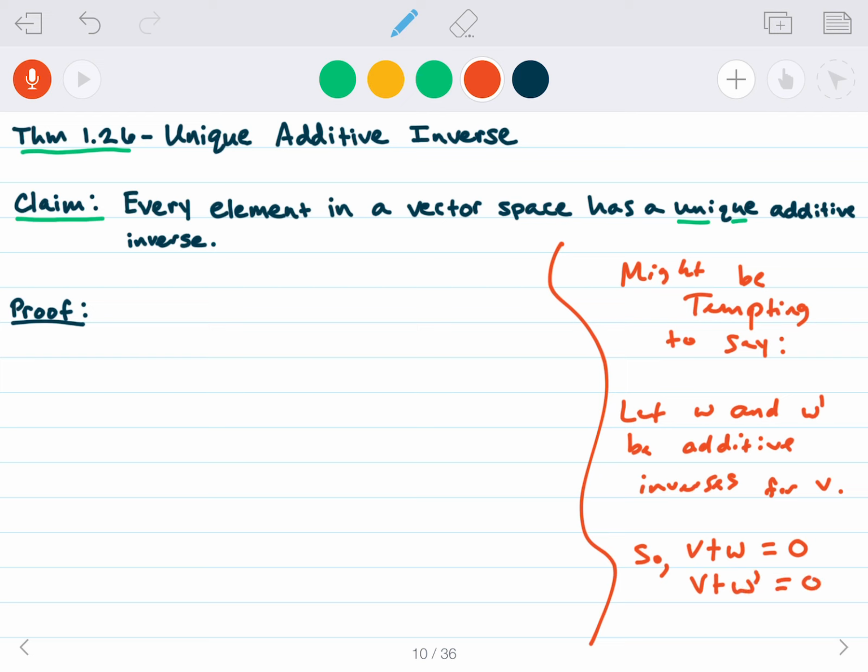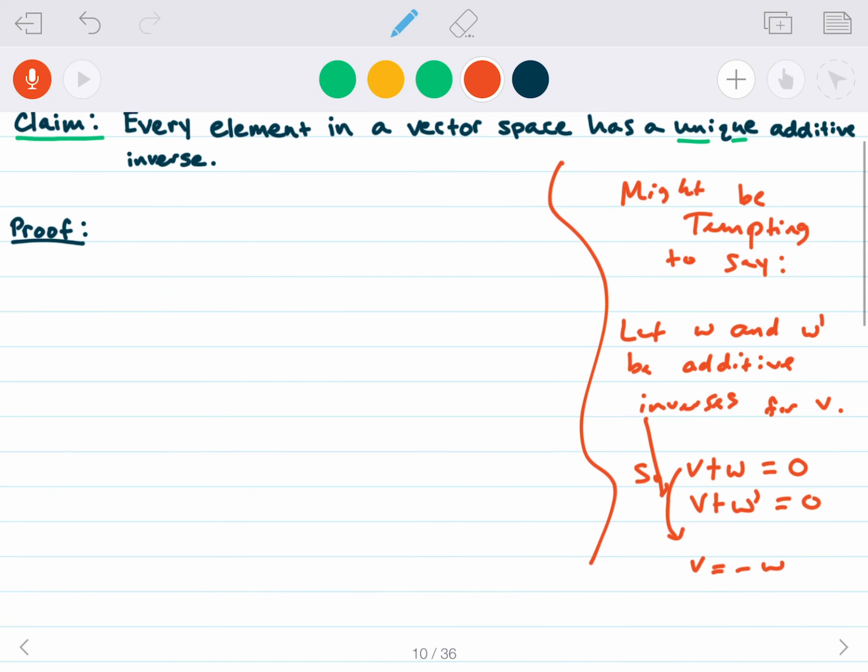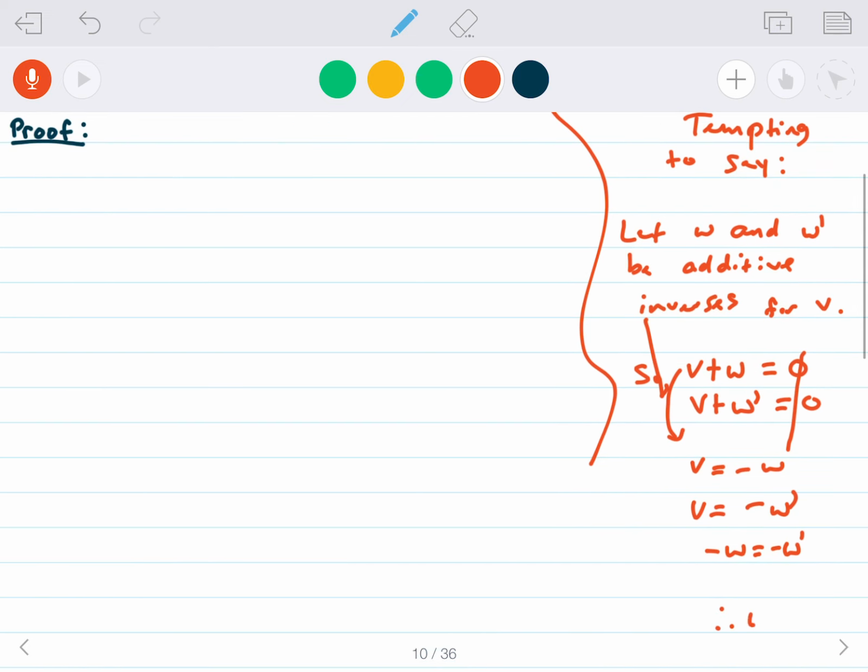And it might be tempting to look at these equations and say, oh, okay, V is equal to negative W, and V is equal to negative W prime. Set these equal, negative W equals negative W prime, and therefore W equals W prime. And that's wrong, because what we did in this step, it was subtle.